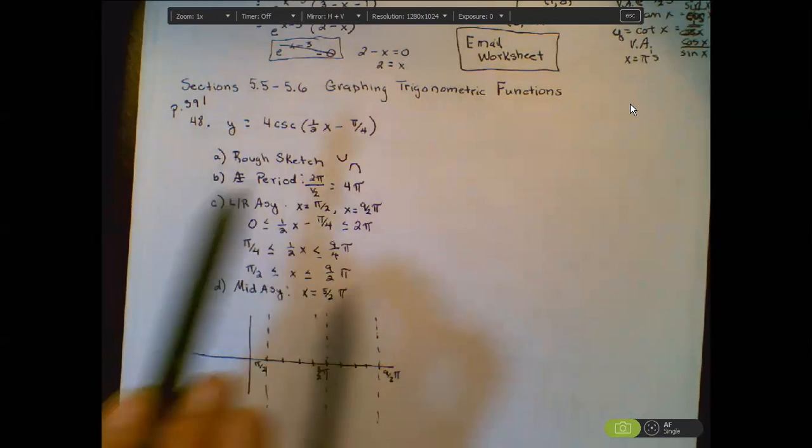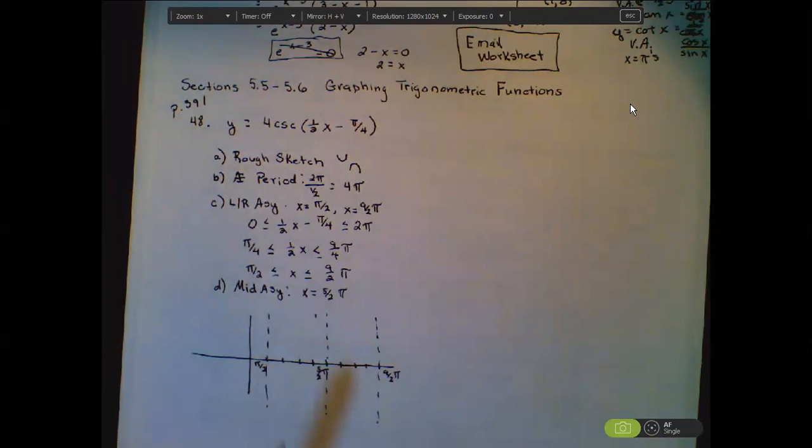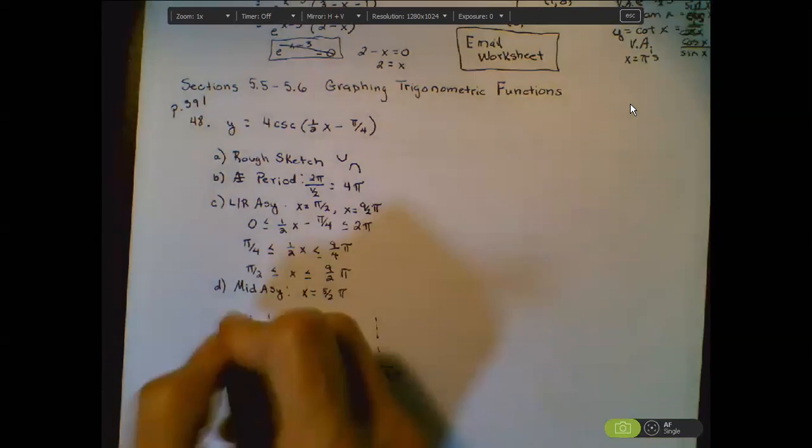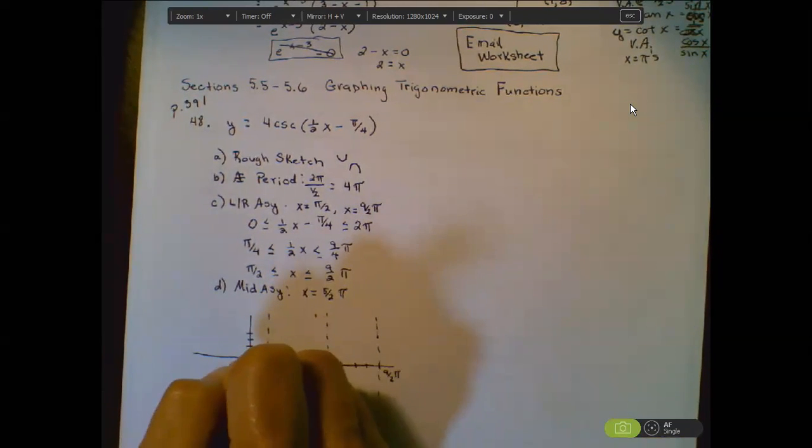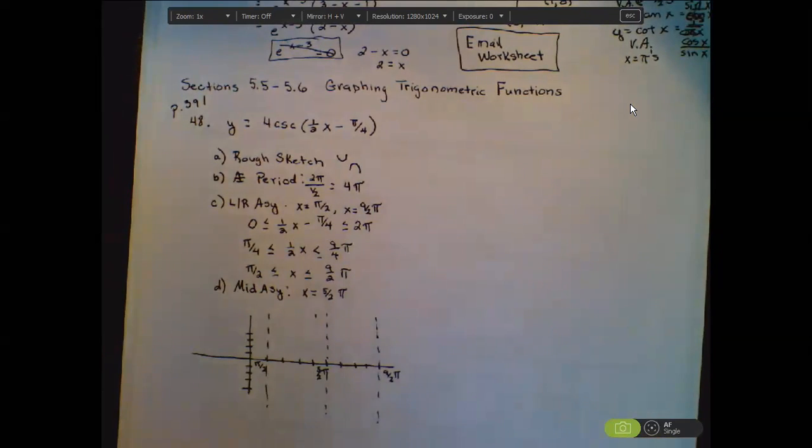Is there anything else about this problem that changes the graph from what cosecant normally looks like? What does the 4 do? Does it make it just more narrow? You know what?